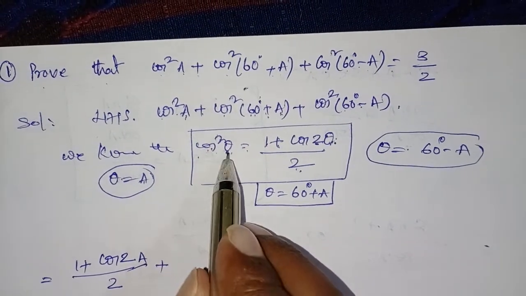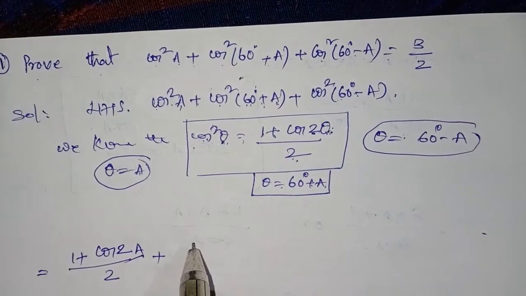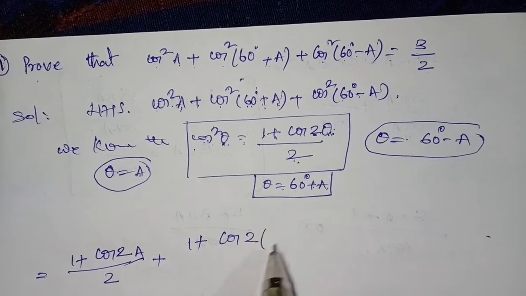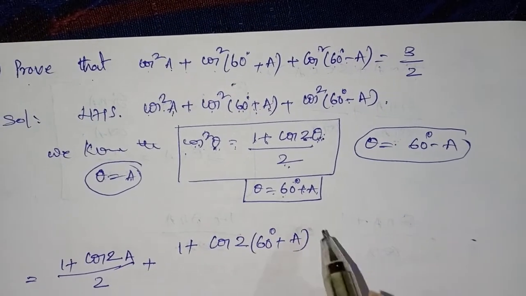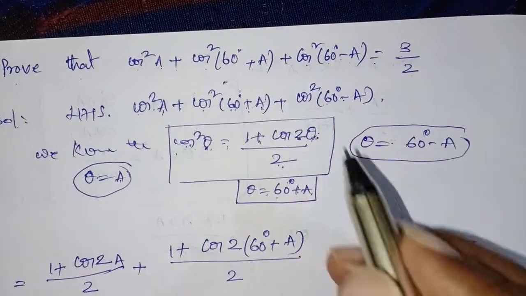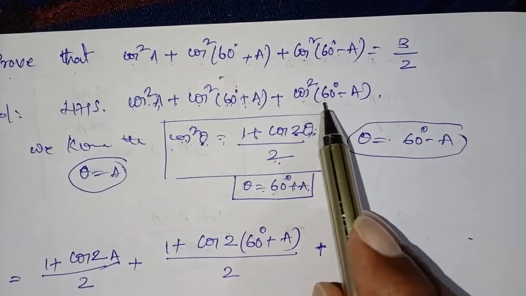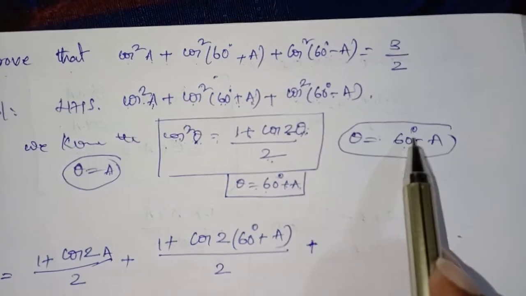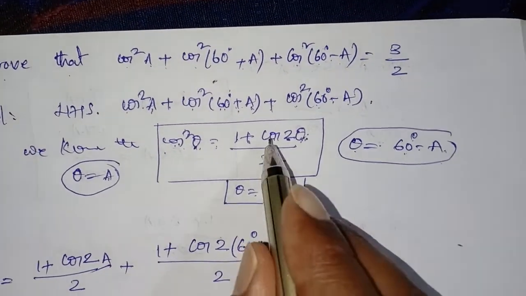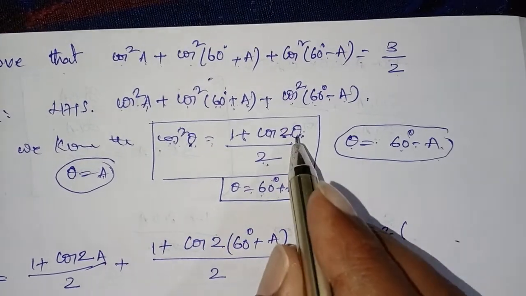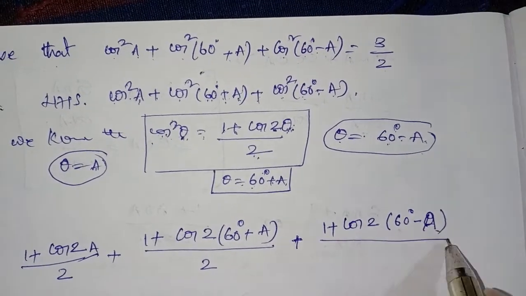In the formula, cos²θ is equal to (1 + cos 2θ)/2, and here θ is 60° + A, so (1 + cos 2(60° + A))/2, plus cos²(60° − A). Here θ is 60° − A, so substitute in the formula: (1 + cos 2(60° − A))/2.